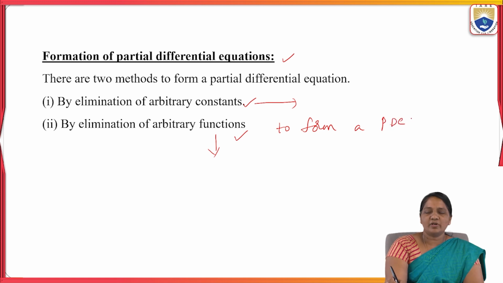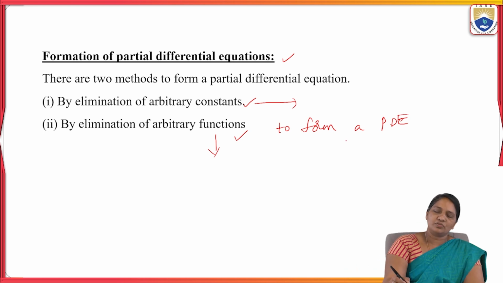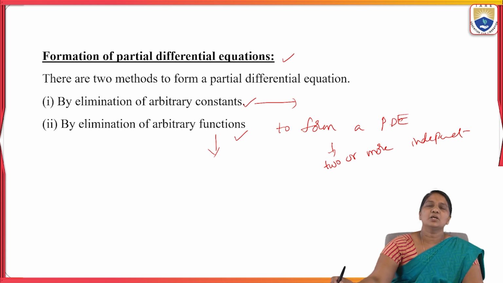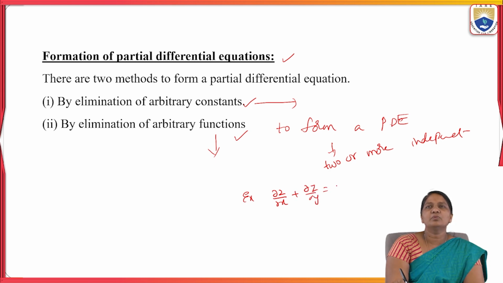First of all, what is a PDE? Already we know what a partial differential equation is. It is a differential equation having two or more independent variables. For example, we can write dou z by dou x plus dou z by dou y equal to some x.